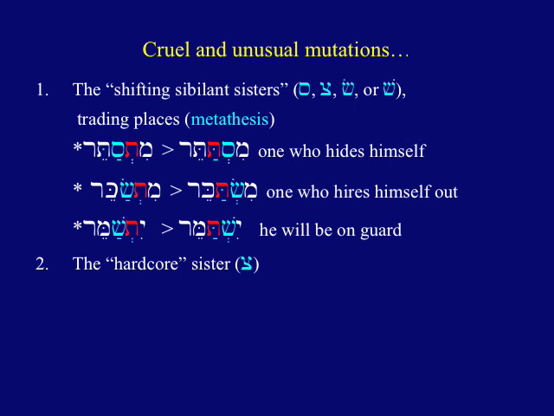And then there's this tsade, which is also a sibilant, which is a little more aggressive. Not only is there metathesis, but the ts sound in tsade is an emphatic sound.